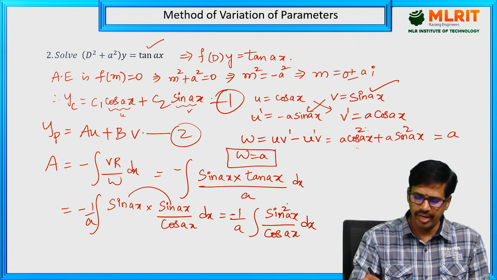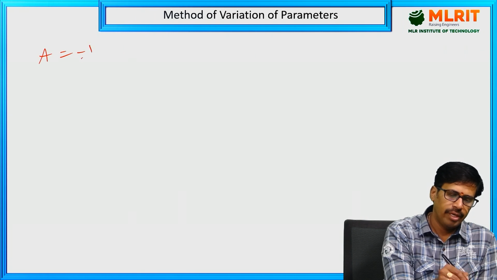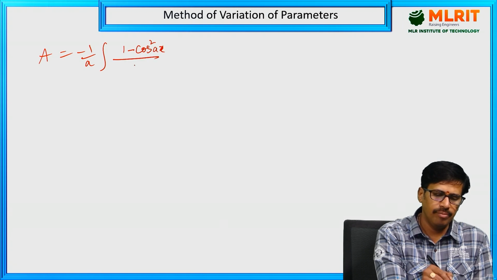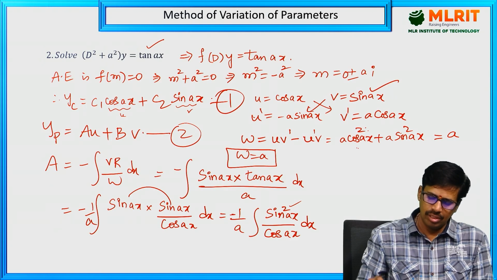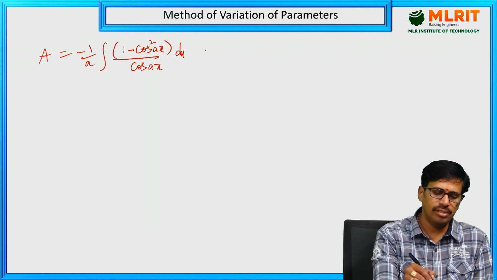But this sin square ax can be written as minus 1 by a into integration of 1 minus cos square ax by cos ax dx.